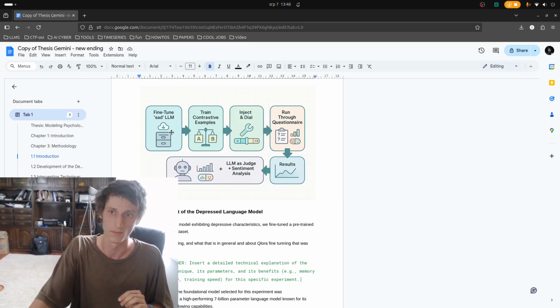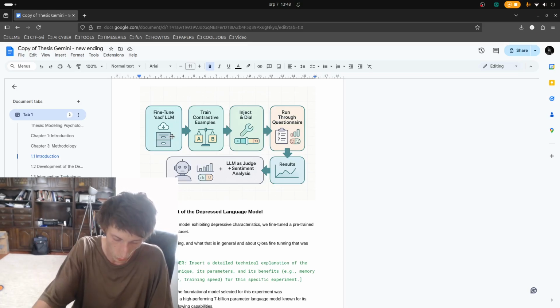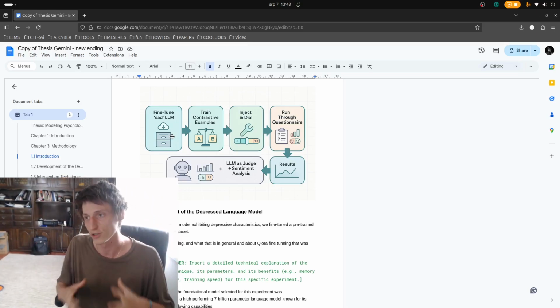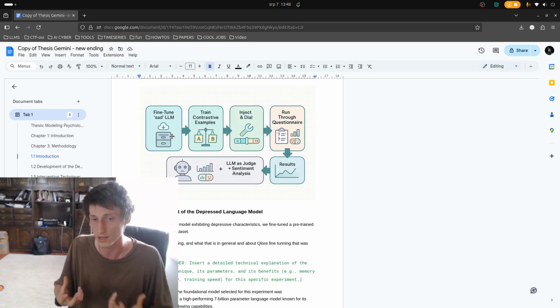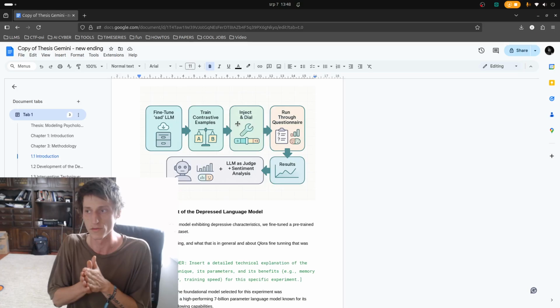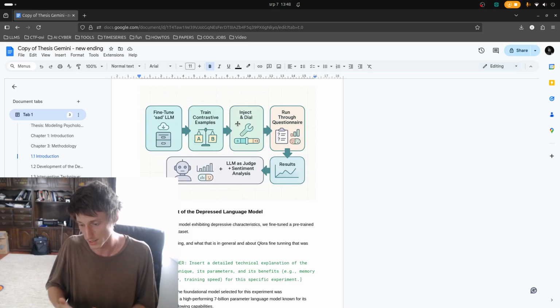So yeah, this is basically what it is. We wanted to fine-tune a sad model, and then we find these different vectors. We try to find the not-so-direct things that affect the mood.